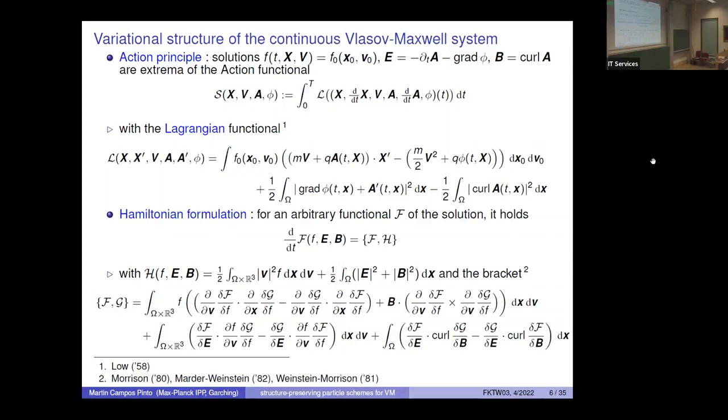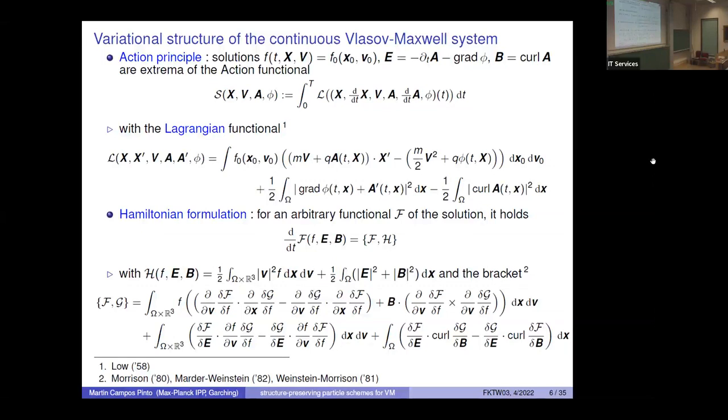A consequence of that is a Hamiltonian structure. The system can be expressed as Hamiltonian equations with a Hamiltonian functional, which is the standard energy for the plasma and the field, and a skew-symmetric bracket, which has this form. This one was proposed by Morrison, Marder, and Weinstein in the early 80s.